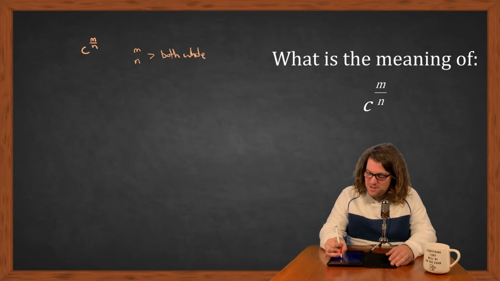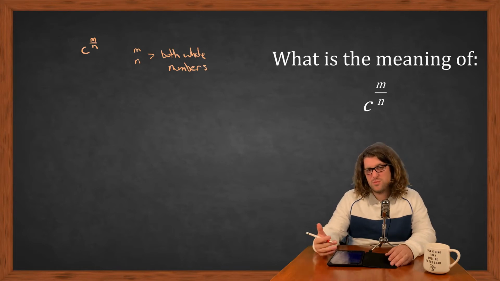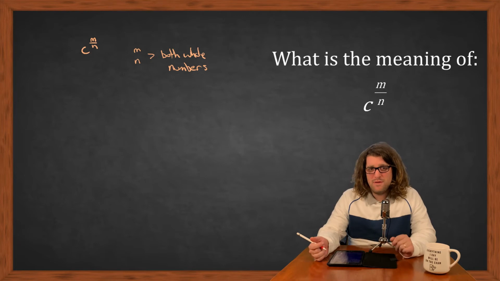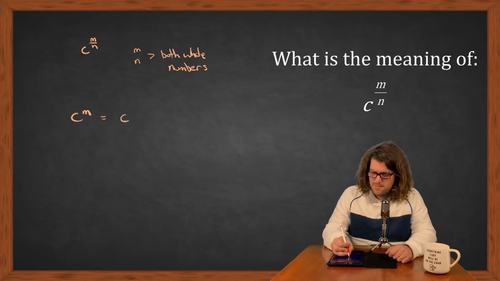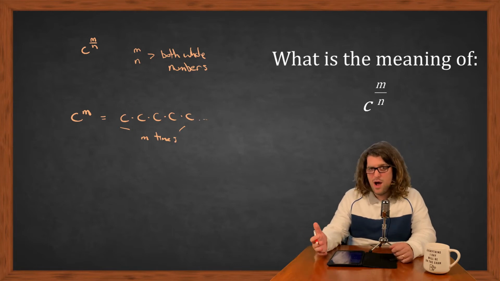So what we're going to do then is try to come up with an expression that allows us to understand what's going on here. What we've learned so far is that if it was just an m and it's a whole number, that's the same thing as repeated multiplication that occurs m times. So I would have to keep on going until I had m of these c's multiplied together.